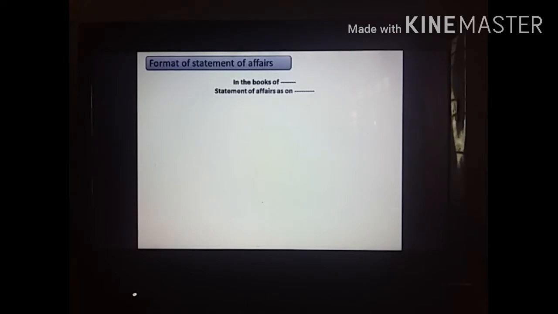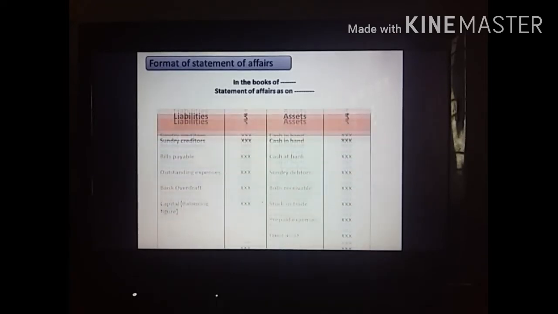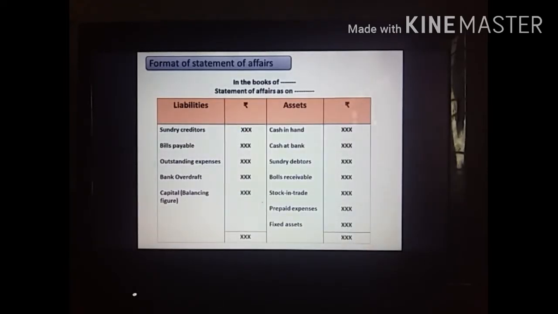This is the statement of affairs format. You must open the statement of affairs on a double side of your ledger note.